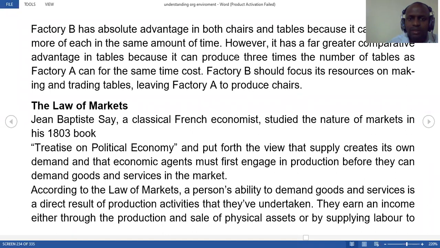Here we are saying, all in all, each and every person in the market has a role to play in that market, either through what they are going to spend in terms of income, or they might be part of the production process.